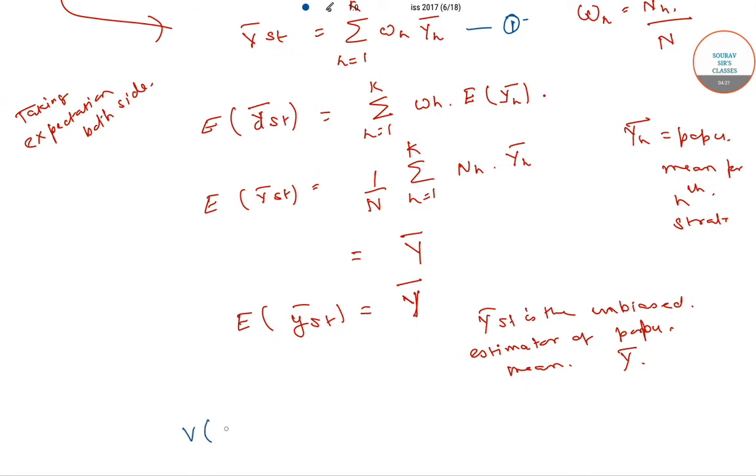Now if we name it as equation number 1, then from equation 1 we would get variance of ȳst equal to the summation, again h goes from 1 to k, of Wh square into variance of ȳh.